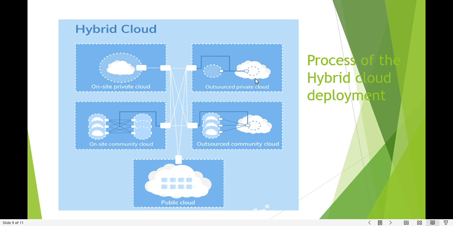The on-site communities share among themselves and give it to the public cloud. The outsourced community cloud has only one source and gives information to the three of them, and that's how it goes to the next step.